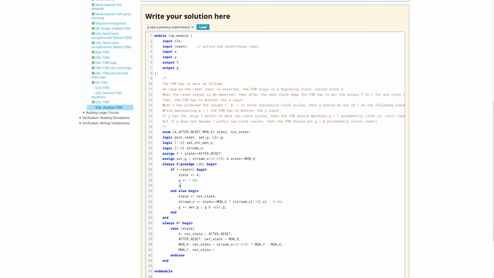Whereby if the state is monitor Y, then sat count, and so this will only go up to 1.